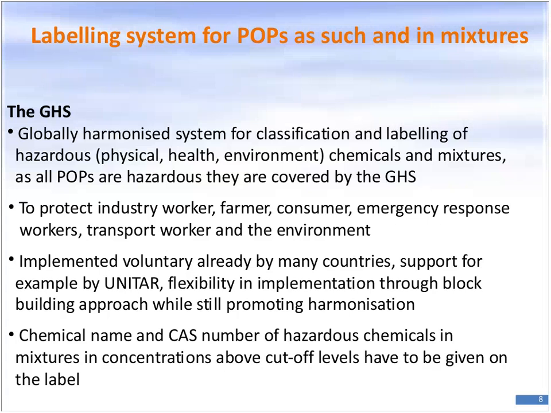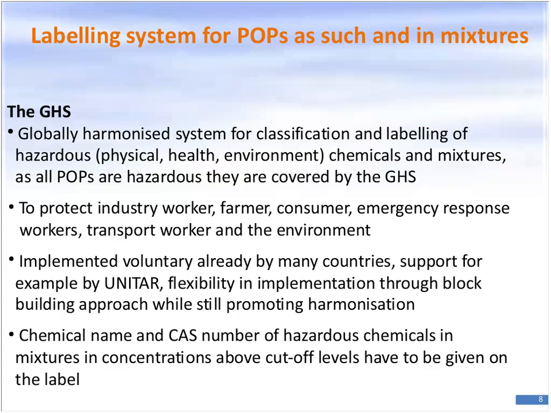When a chemical has to be labeled, then on the package of the chemical has to appear the chemical name and the CAS number of the chemical. And when it is a mixture of chemicals, the chemical name and CAS number of the hazardous chemicals in the mixture, when the chemical is in the mixture in concentrations above a cutoff level.